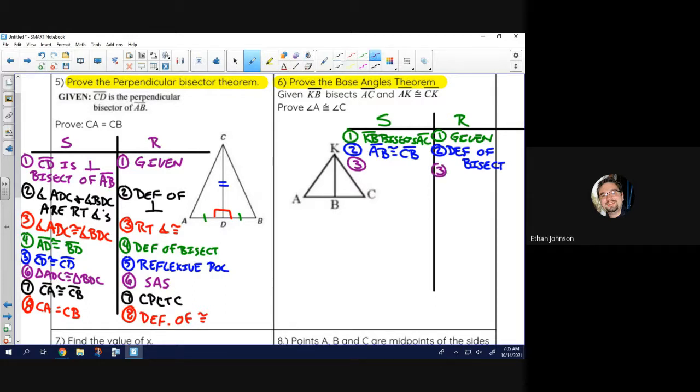And I will mark that. We have another given, so AK is congruent with CK. And I'll mark that.